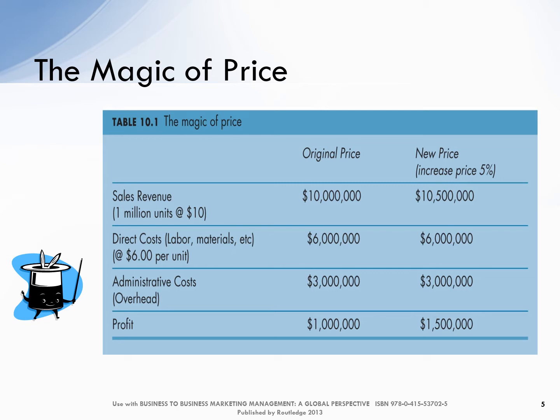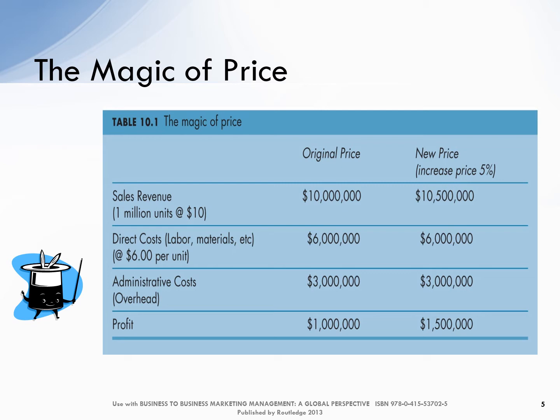Now, let us assume that the marketing vice president decides to raise the price by 5%. Therefore, the product will now be sold at $10.5. 1 million units are sold. The total revenue would be $10.5 million.